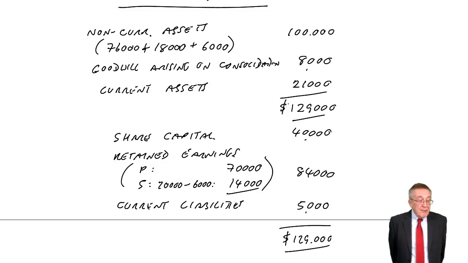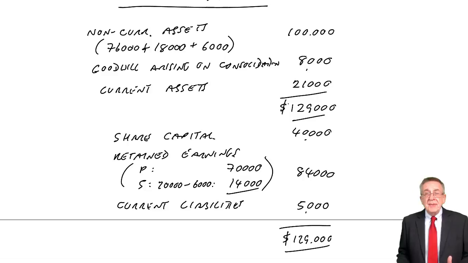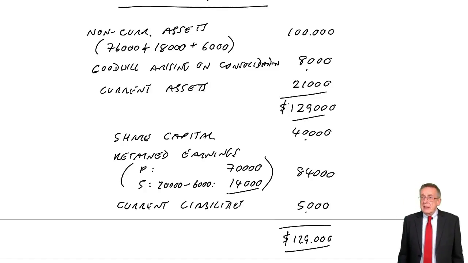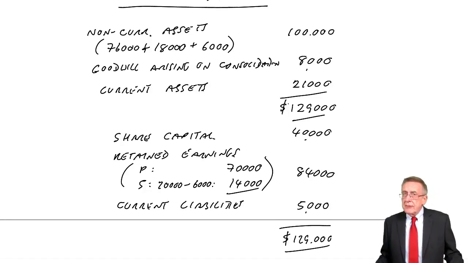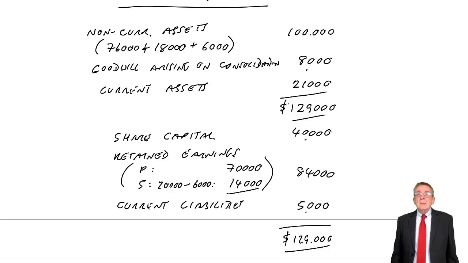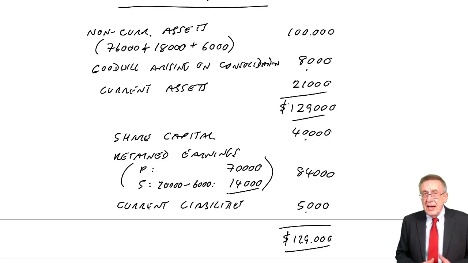However, I mentioned briefly at the very beginning, we need to do this if one company controls another. And although there's a strict definition of that, which I'm coming to in a later chapter, in most cases, we say they control the other if they own more than 50% of the shares.